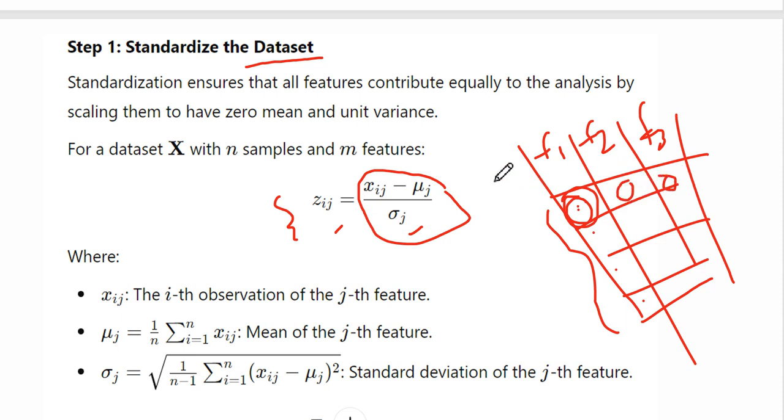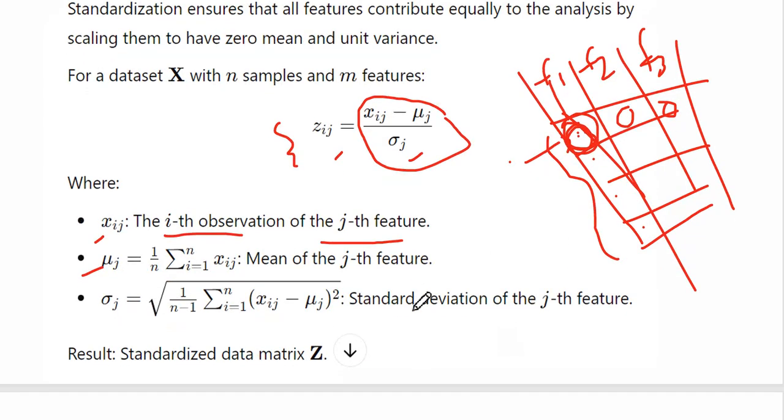Here Xij means the ith observation of the jth feature, that is, the first row value of the first feature, this cell. This is the first row, second feature value, and so on.